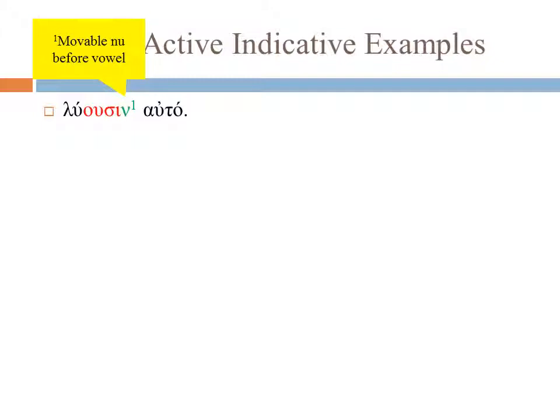Ousi. So this is the stem, which has something to do with either loosening or destroying. This is the ending, which tells me it's third person plural. And this is the object. So I get they, because this is a third person plural ending, are loosing it.